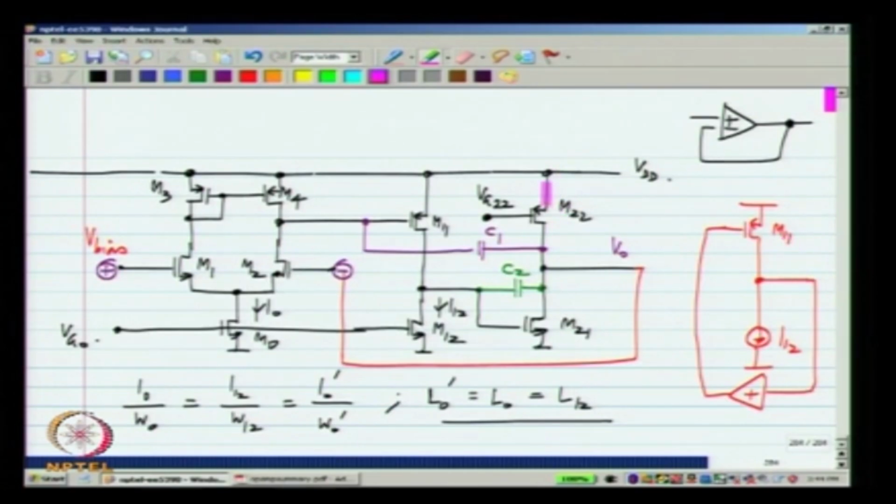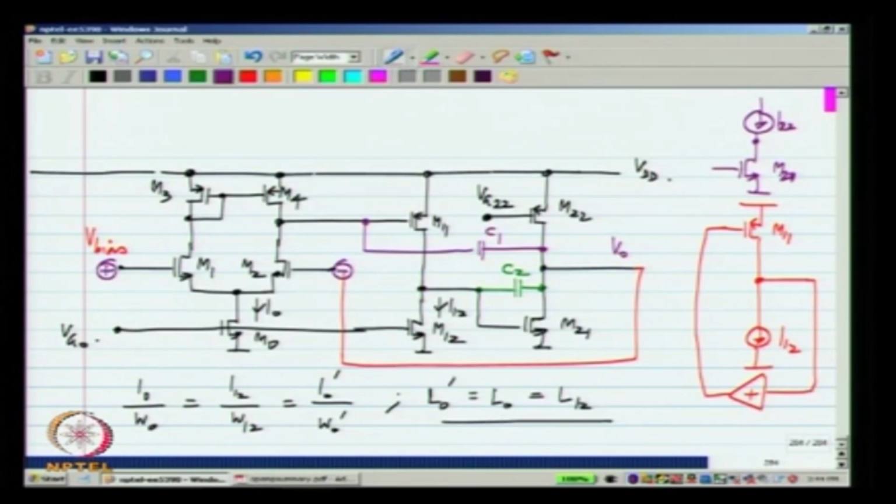Similarly, if you think of M22 and M21, M22 is a current source I22, and this is M21. Again, the gain from here to there is negative and the gain from there to there is negative; it is a common source amplifier.